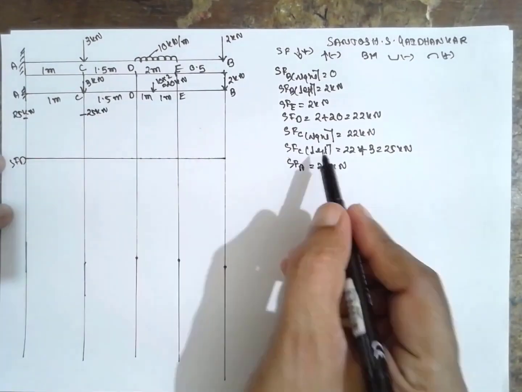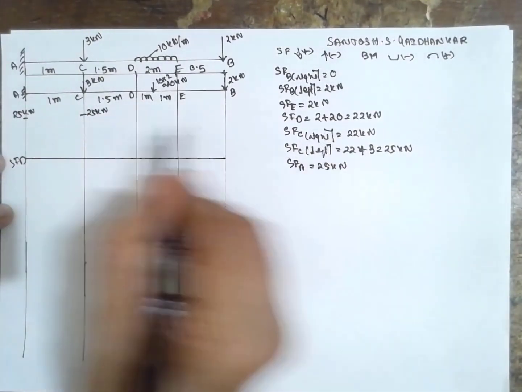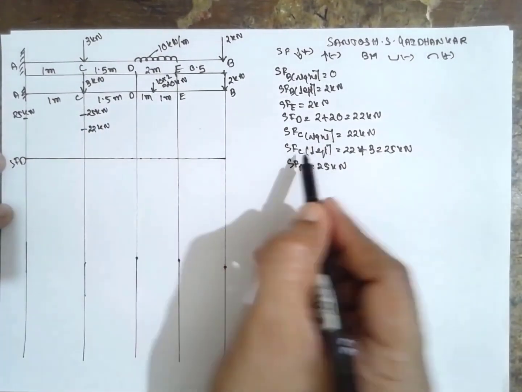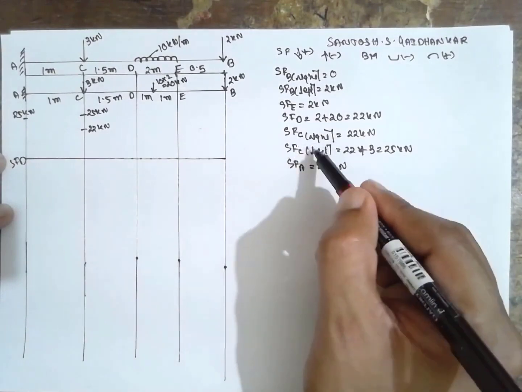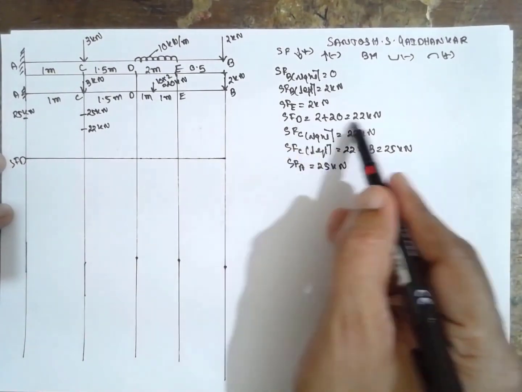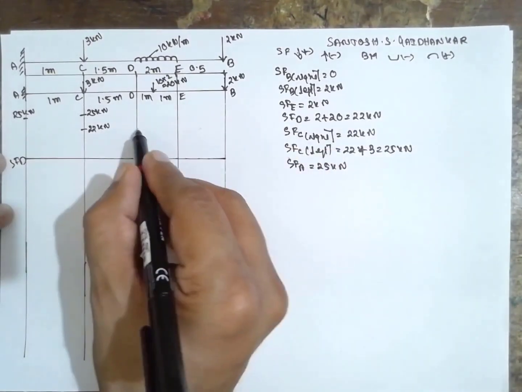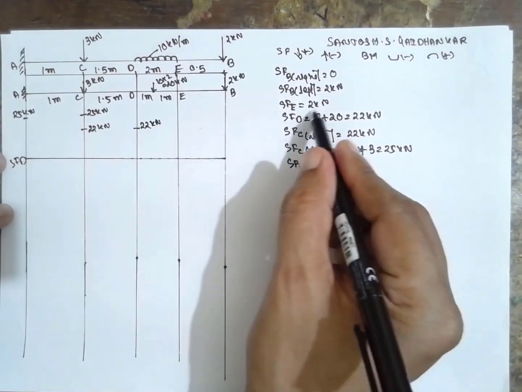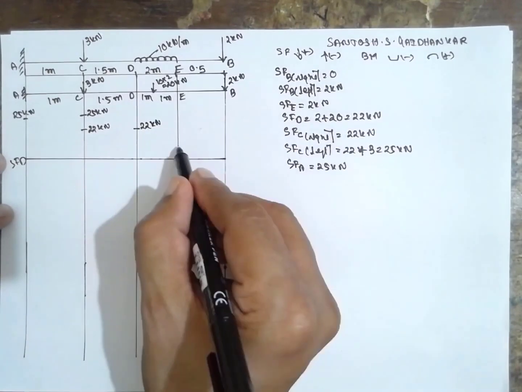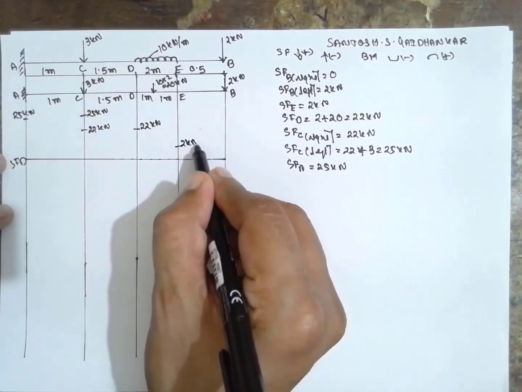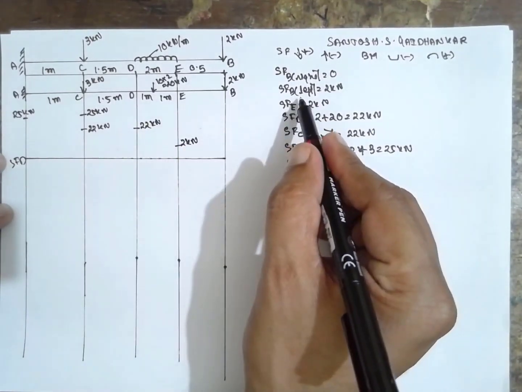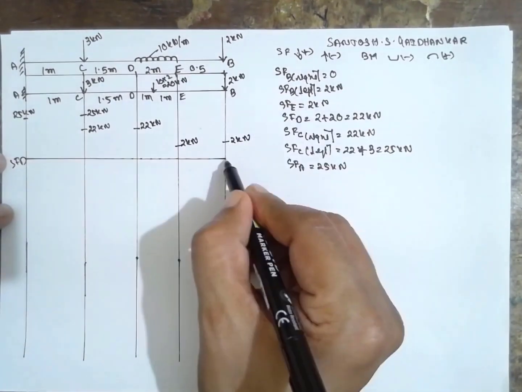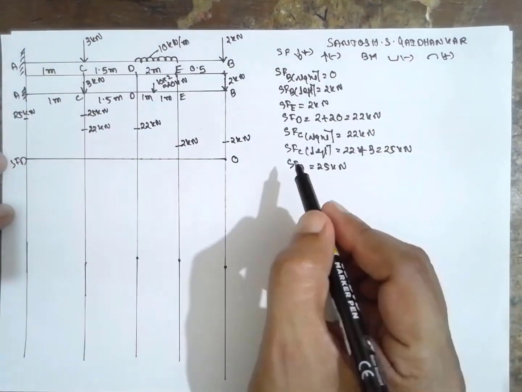At C there is a left and right, 25 and 22, two values at C. At D, 22 kilonewton. At E, it is 2 kilonewton. At B, 2 kilonewton, and the two values are 2 and 0.